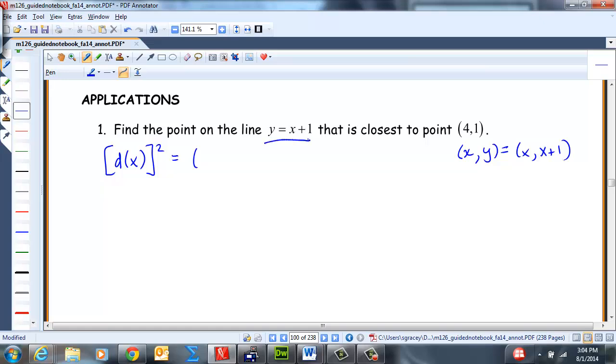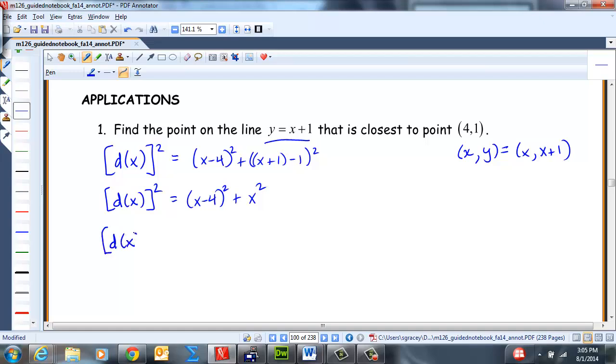Because of this information here, the distance formula is going to be (x minus 4) squared plus (x plus 1 minus 1) squared. So your distance squared in terms of x is going to be (x minus 4) quantity squared, plus this simplifies to just x squared because the 1's zero out.